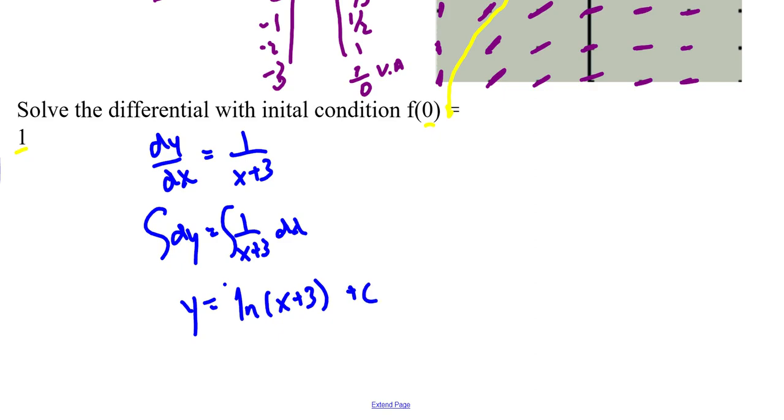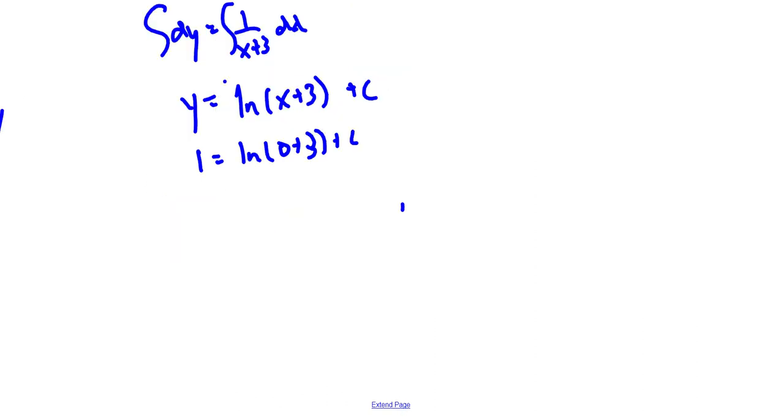We'll put in our c value. We have (0, 1), so I'll put in (0, 1). So I have 1 right here, and then we have natural log of 0 plus 3 plus c. What is that going to be? And so finally, what is our c value going to equal? It appears it's going to equal 1 minus the natural log of 3 equals c.